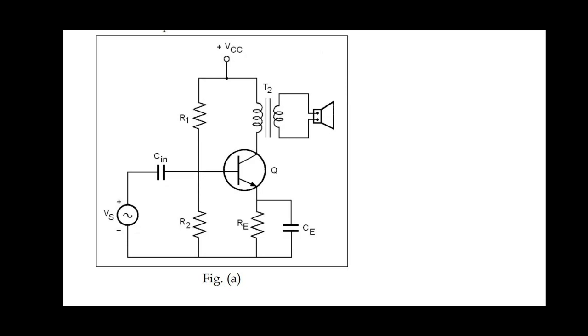Maximum power will be transferred to the load from the power amplifier only if its output impedance is the same as the input impedance of the loudspeaker.